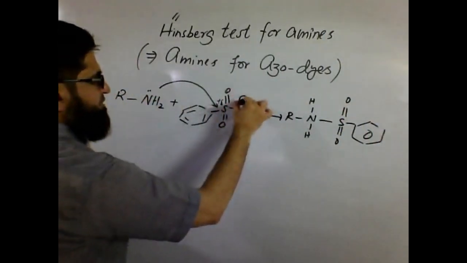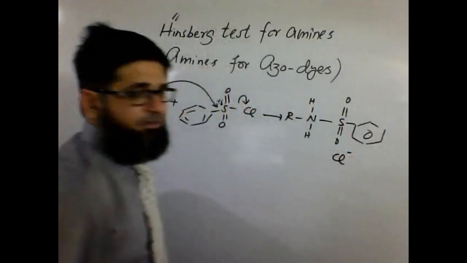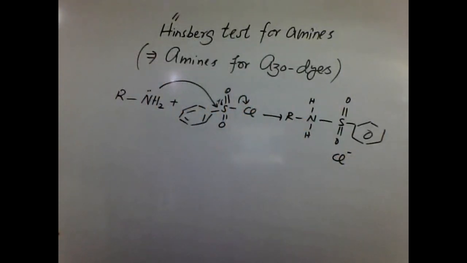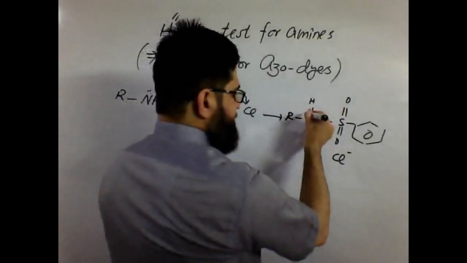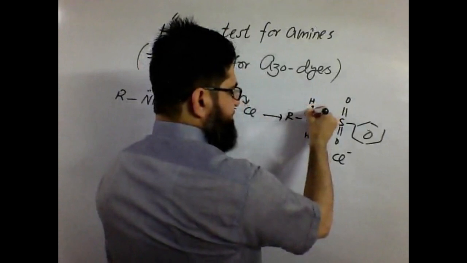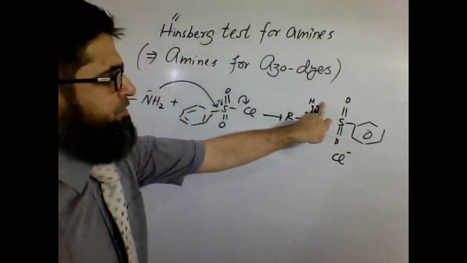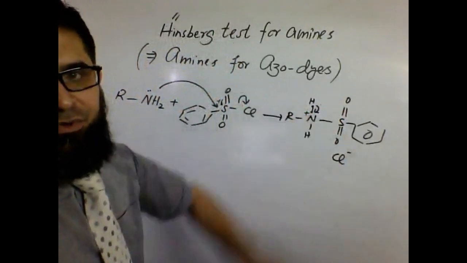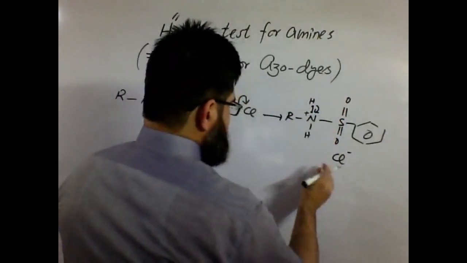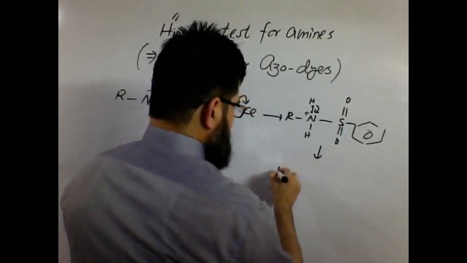This chloro has left in the form of chloride. Now at this point, the nitrogen is supposed to carry positive charge due to the excess of valency. So in order to neutralize the positive charge, this proton is removed from here. So how will it settle down? It will look like R.